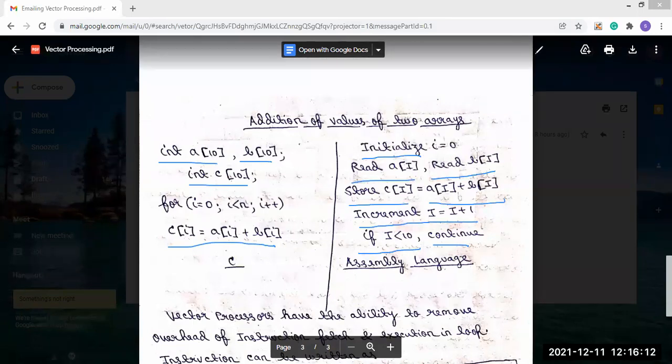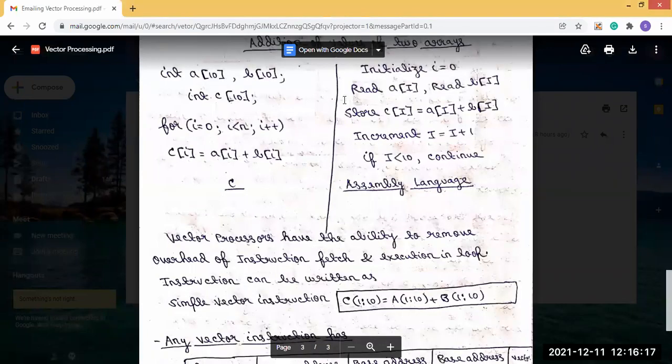The instruction can simply be written as C[1:10] = A[1:10] + B[1:10]. We only write this single simple statement, and with this single instruction we perform the whole execution.